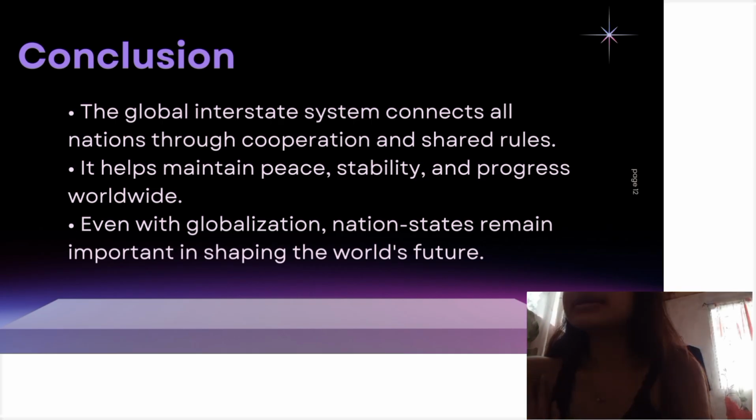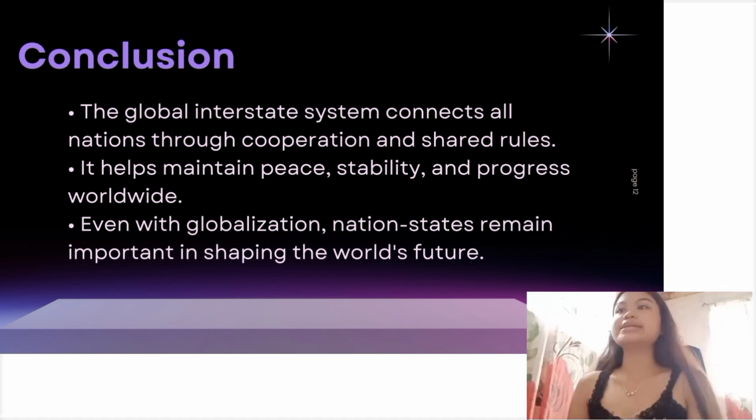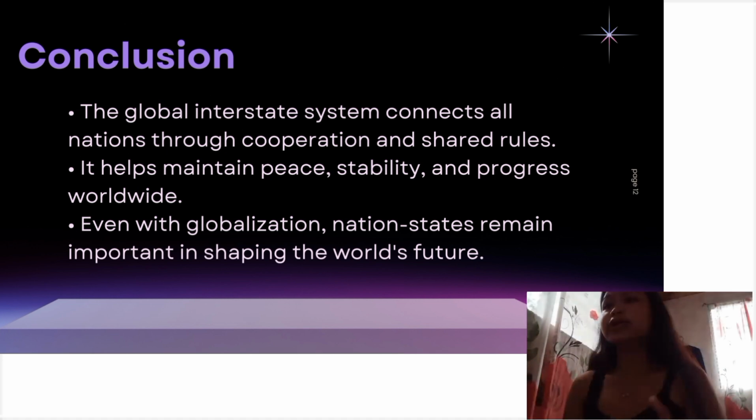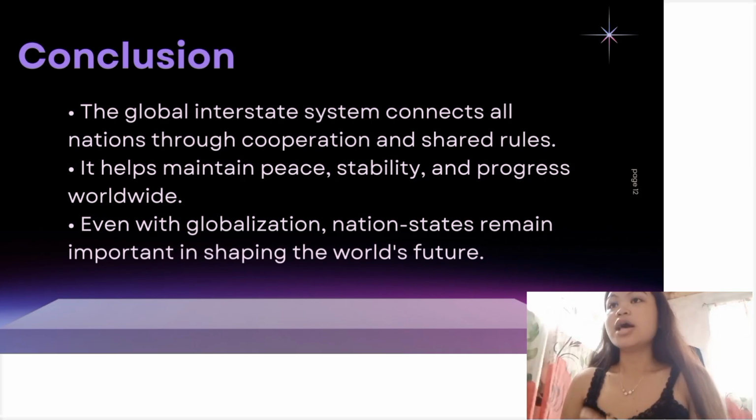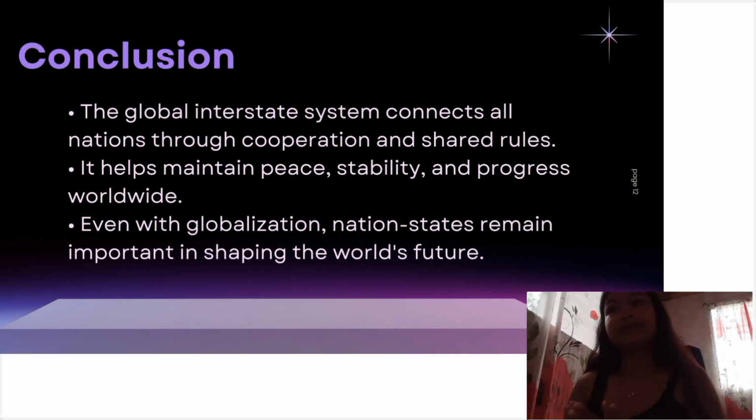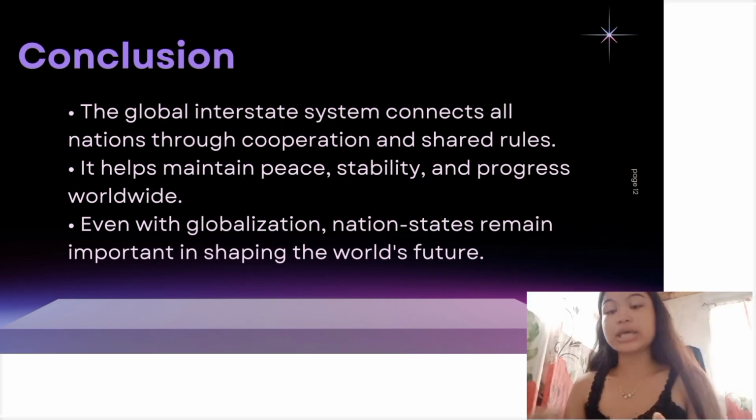So the third bullet states here that the global interstate system is about how these states interact, integrate, and cooperate. The global interstate system refers to the network of relationships among countries, how they communicate, trade, and work together.